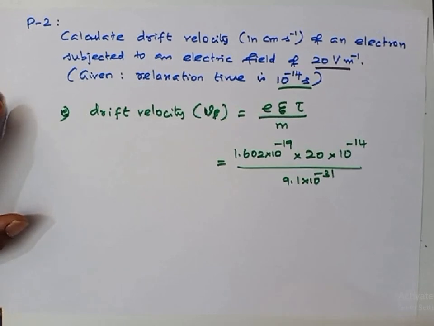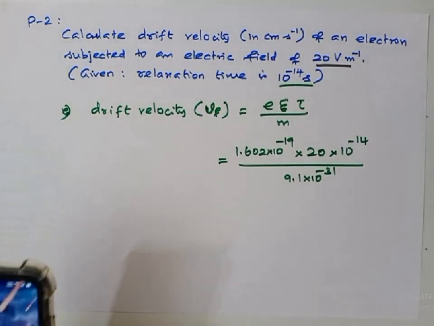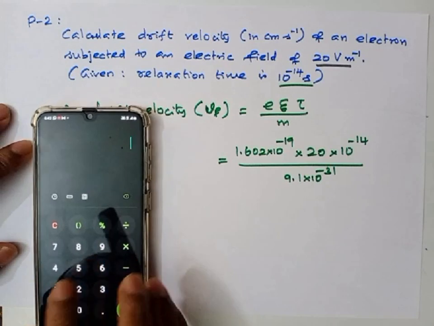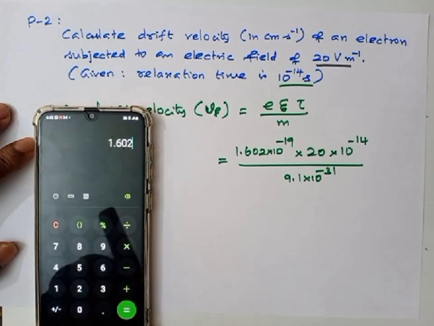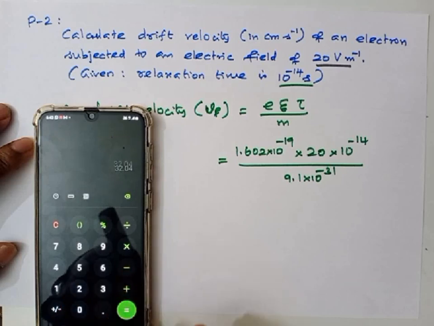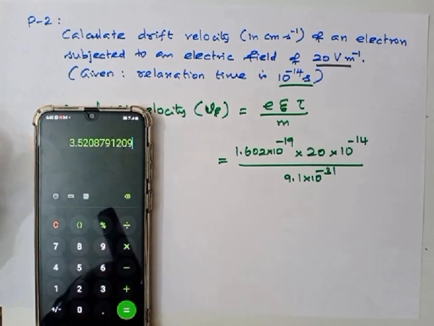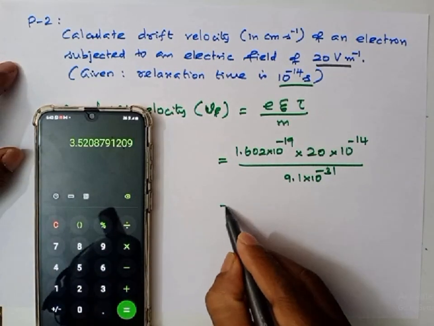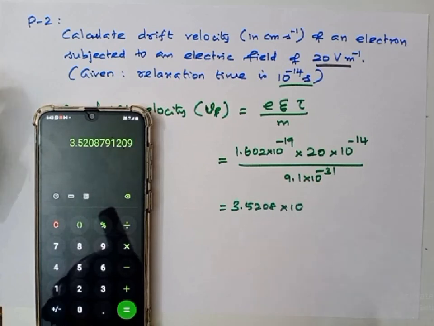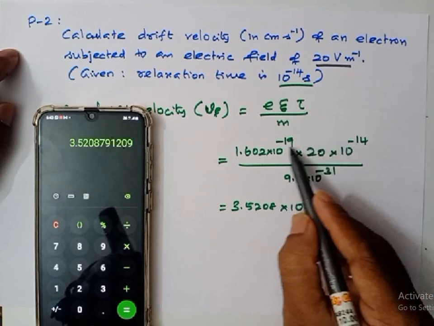If we substitute these values and calculate the quantities, 1.602 into 20 divided by 9.1, I am getting a value 3.5208 into 10 to the power, here we have minus 19 minus 14, you will get minus 33.